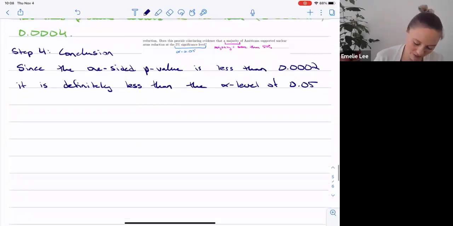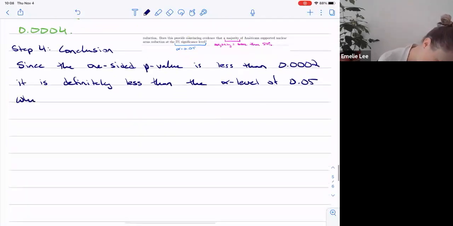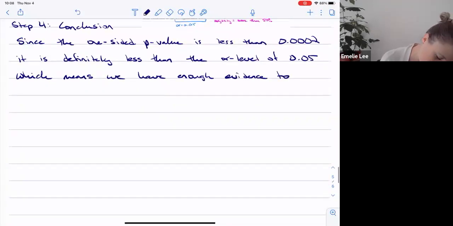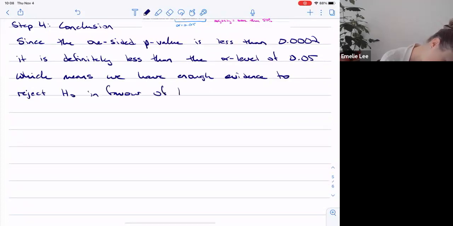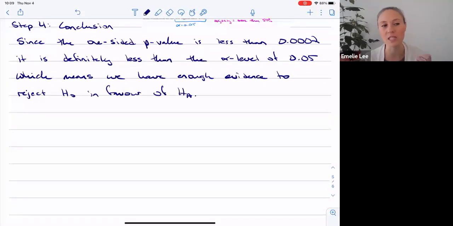So it's less than the alpha level of 0.05, which means we have enough evidence to reject H naught in favor of HA. That's just a completeness thing. You don't have to say the in favor of HA, because you only say it if you're rejecting H naught.